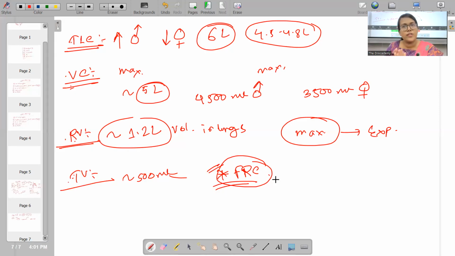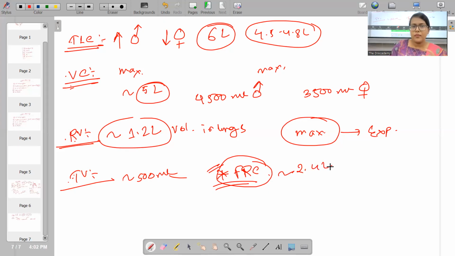So generally, think of yourself: it will be more than the residual volume, right? Of course, because in residual volume you're taking the maximum expiration, and the volume remaining in the lung is the residual volume. But in functional residual capacity, it is the normal expiration that you're taking and the amount of air remaining in your lung. So this is actually double the amount of residual volume, roughly around 2.4 liters.